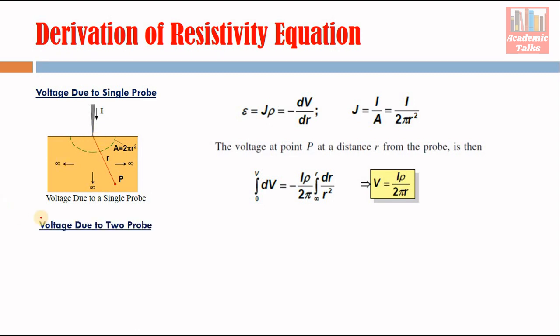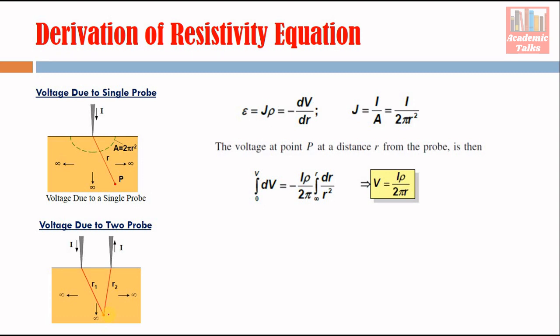Now see what happens if two probes are touching, and this case is very similar to our case, because we have two current probes, not a single probe, right? So now we have to see what happens if two probes are there. We are assuming that there are two probes touching the semiconductor. One probe is injecting the current into the material, and through the second probe this current is going out, right? And in the center there are two voltage probes.